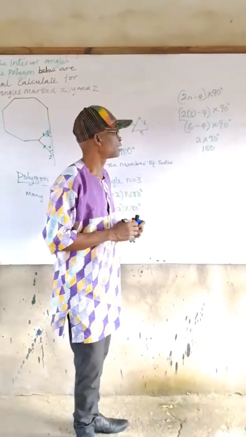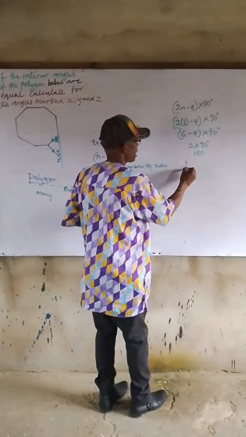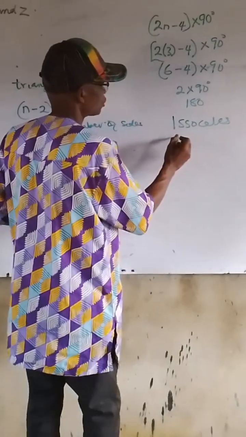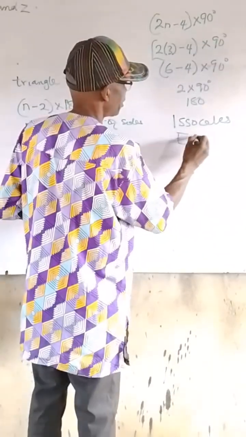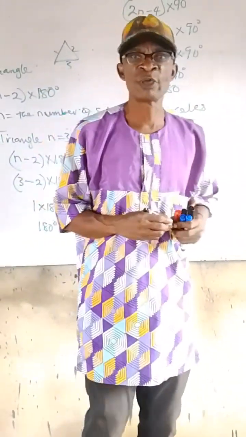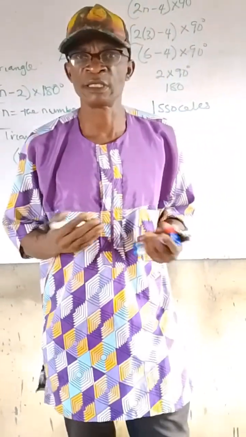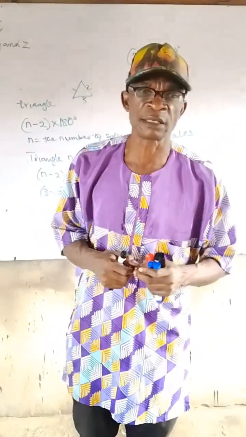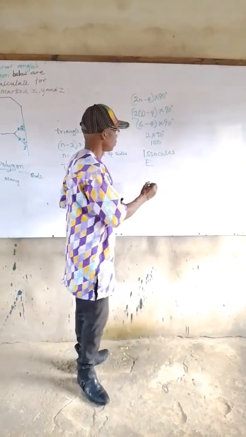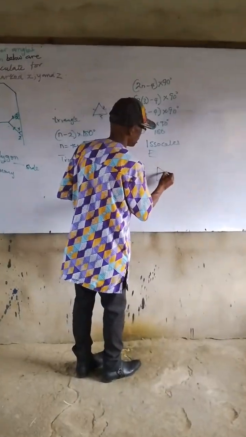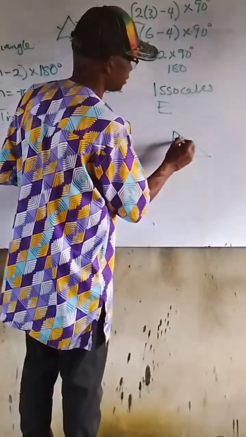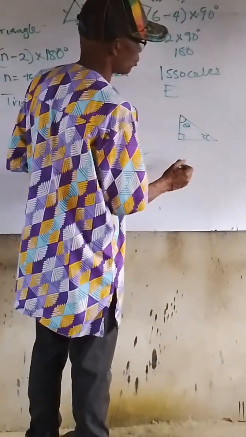We have isosceles triangle, we also have right-angled triangle, and we have scalene triangle. When we talk about scalene triangle, it is a triangle in which the three sides and the three angles are not equal. For example, if it happens for you to have something like this, remember this is a right angle. But if here is 60, then what will this point, called x, be?